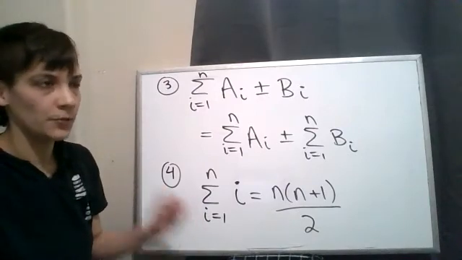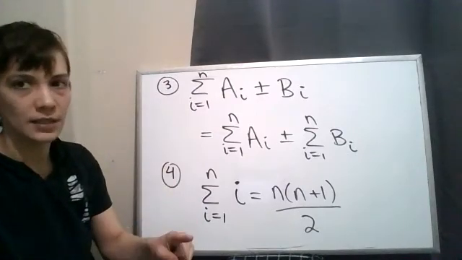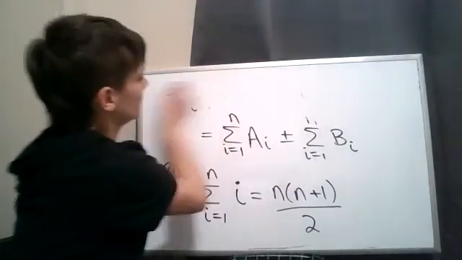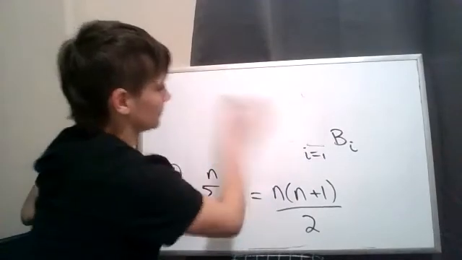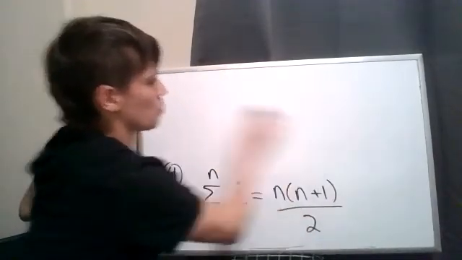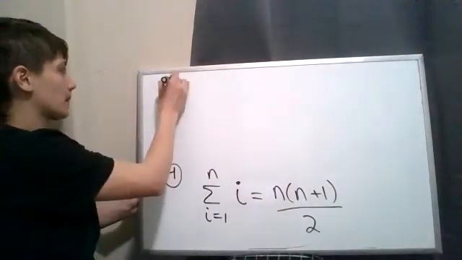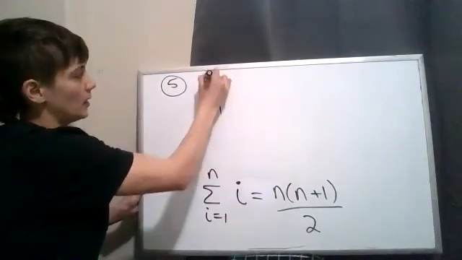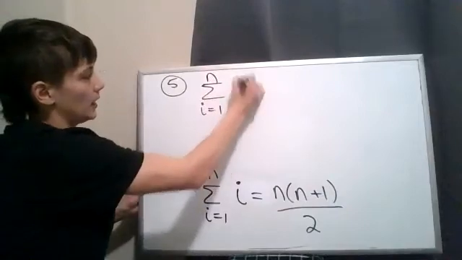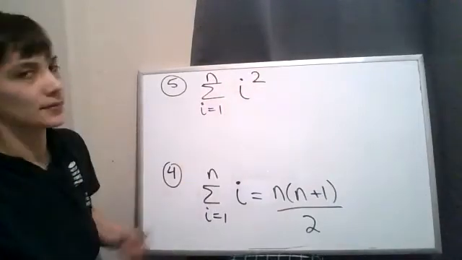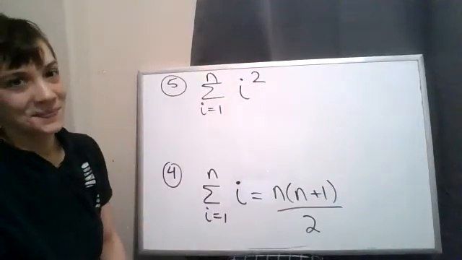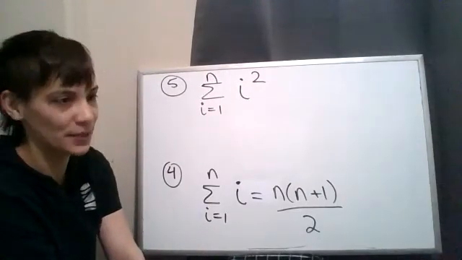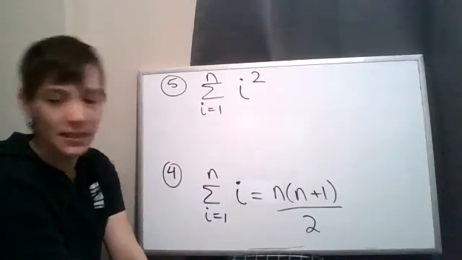And we're going to do the sum for i squared and the sum for i cubed. The sum from i equal to 1 up to n of i squared is n times n plus 1 times 2n plus 1 over 6.